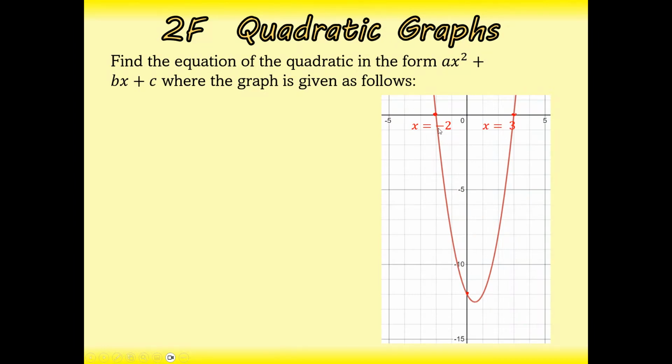So when you take the roots of this equation and write them as x equals -2 and x equals 3, you can put them back on one side and write x plus 2 equals 0 and x minus 3 equals 0.